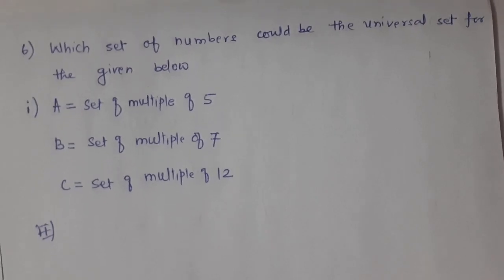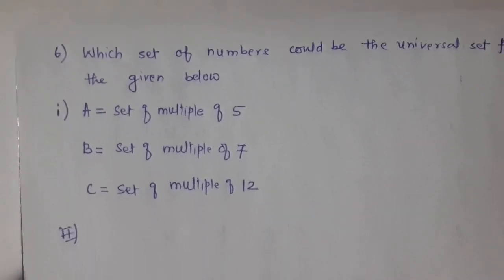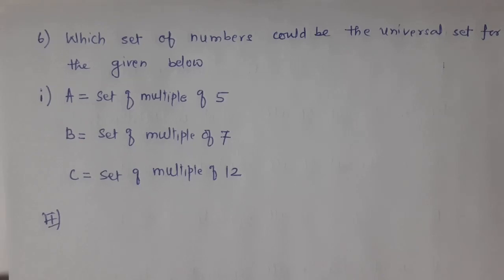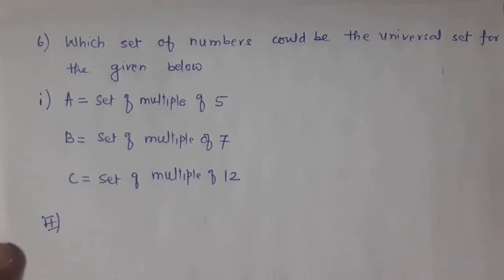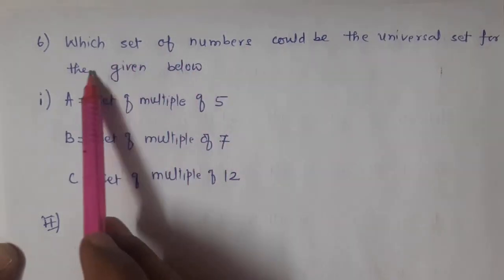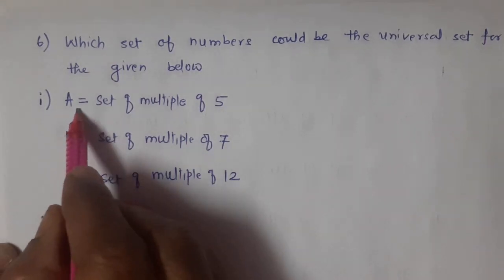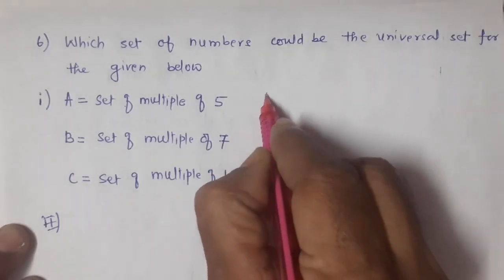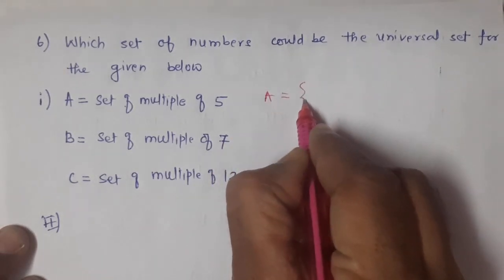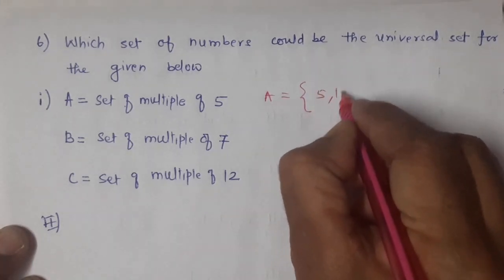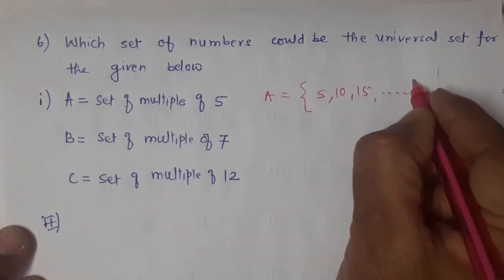Now we have to see the sixth example: which set of numbers could be the universal set for the sets given below. Suppose A is the set of multiples of 5: 5, 10, 15, and so on.